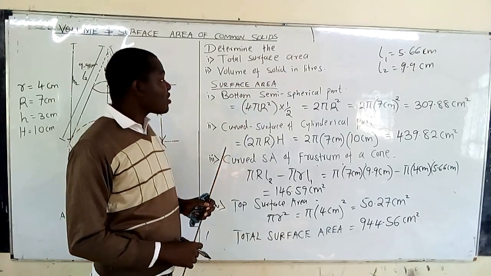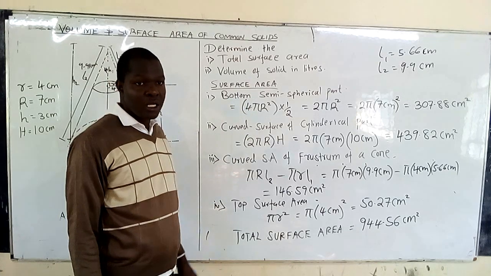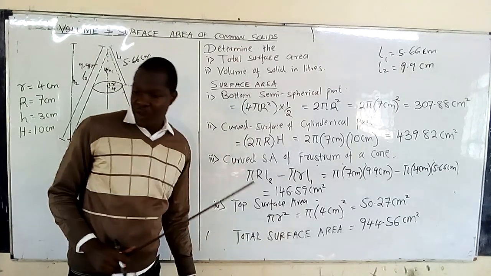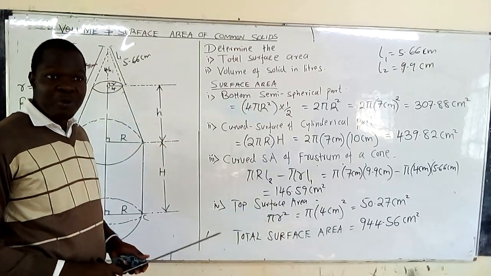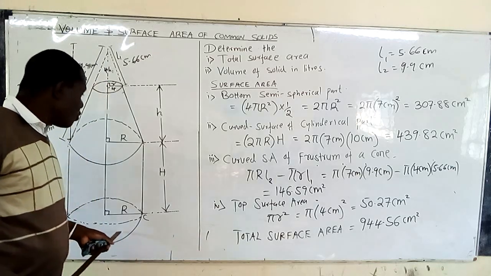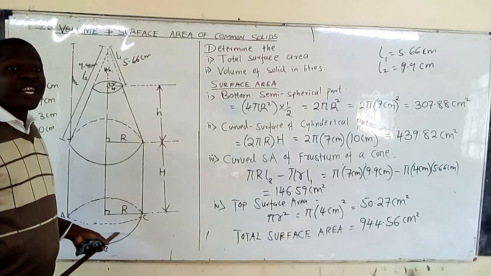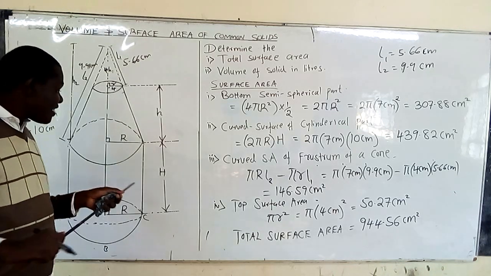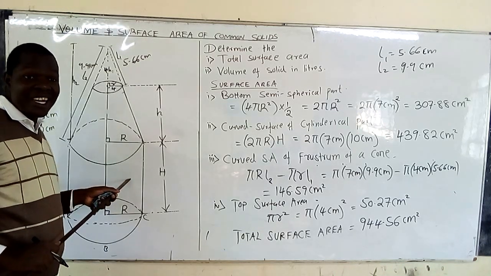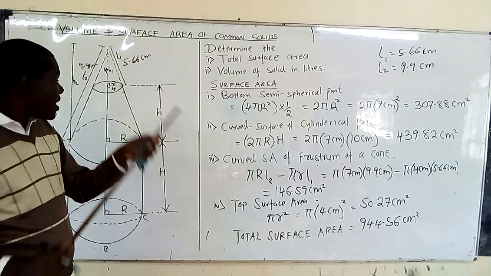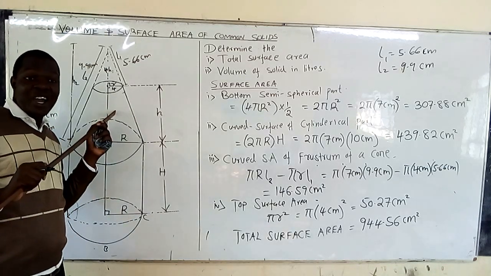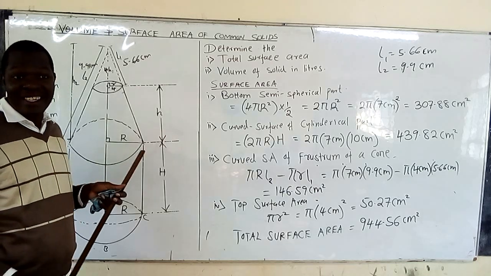Now after the total surface area, what else do they want? The volume of the solid. So for us to get the volume, we must get the volume of the semispherical bottom, isn't it? Then we must get the volume of the cylindrical middle part, isn't it? Then we must get the volume of the conical top part, isn't it?